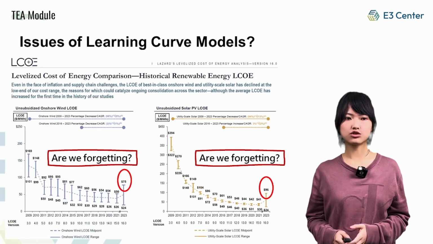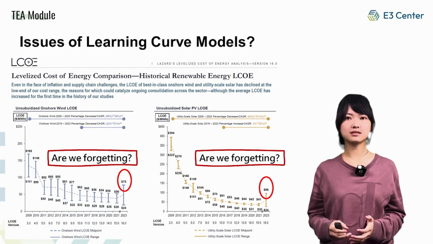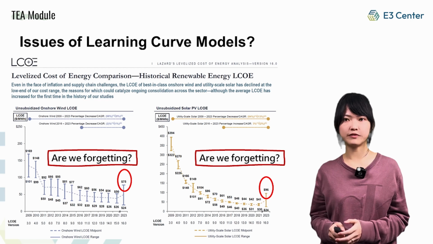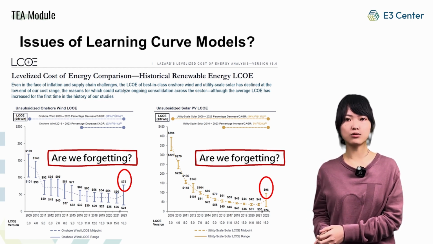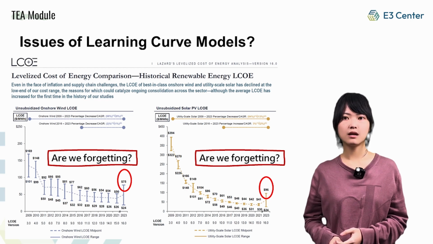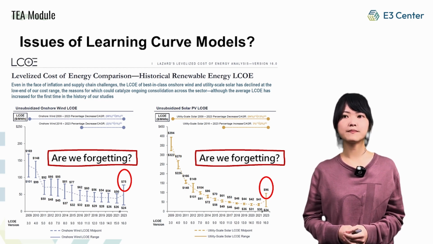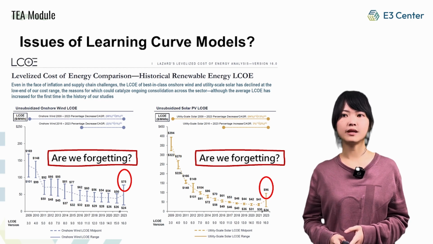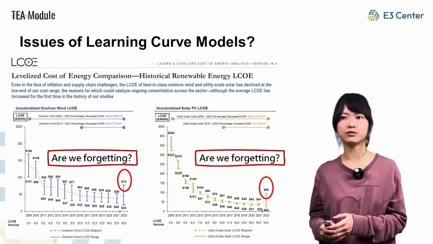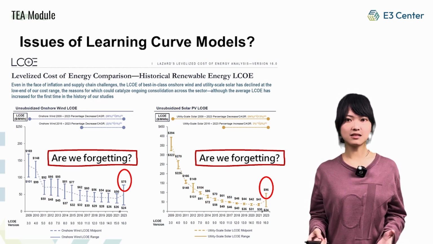Are there any issues with the learning curve model? Yes. Let's take a look at these two figures. One is onshore wind LCOE and the other one is solar PV LCOE. Both are historical trends. And we see that both have increased for the first time in history in 2023. So are we forgetting the learning curve?